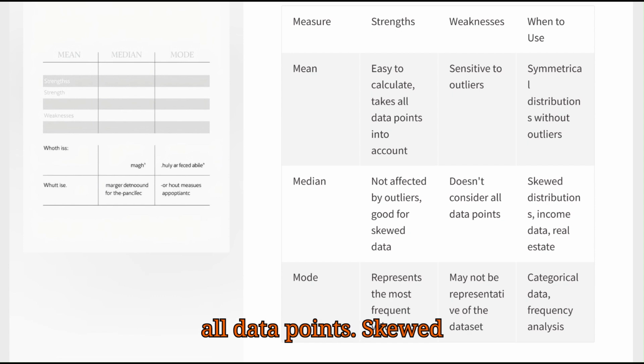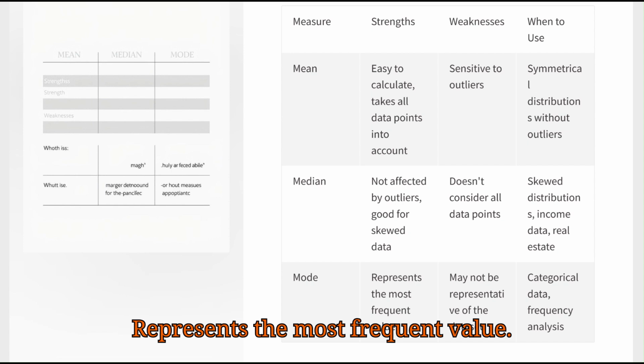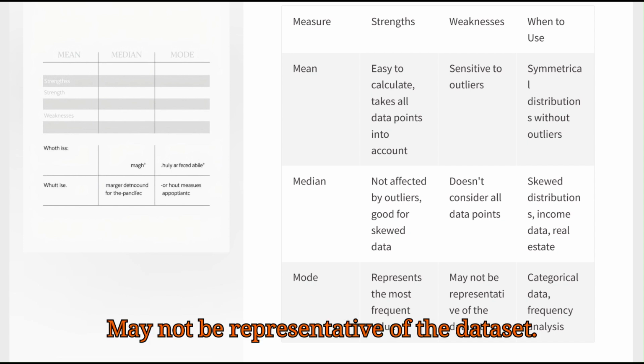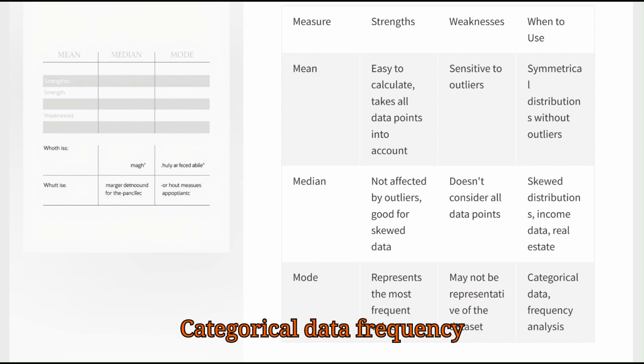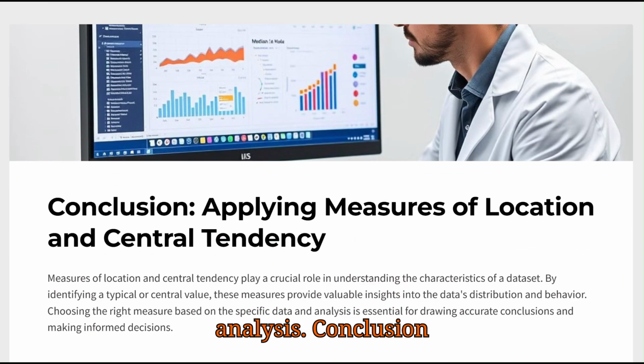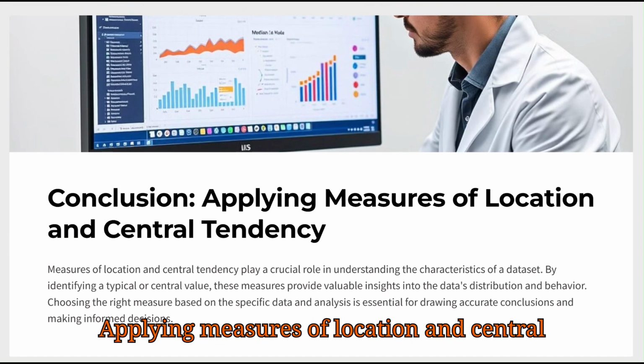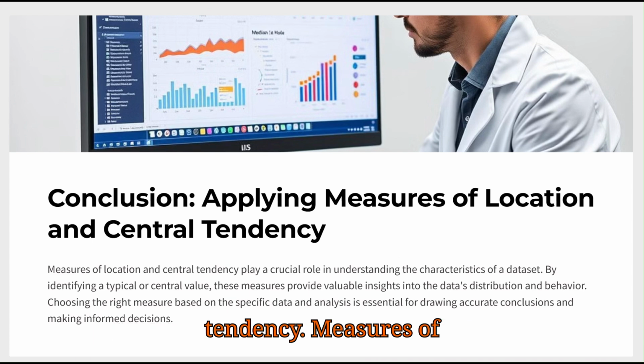Doesn't consider all data points. Skewed distributions, income data, real estate. Mode. Represents the most frequent value. May not be representative of the dataset. Categorical data, frequency analysis.